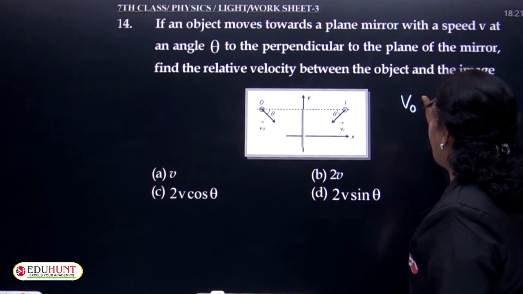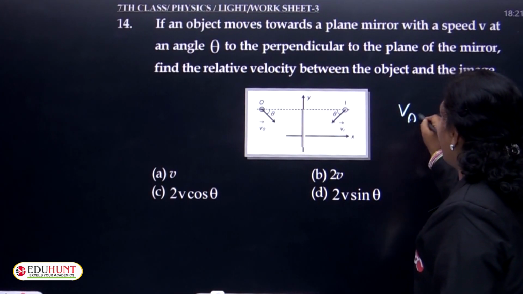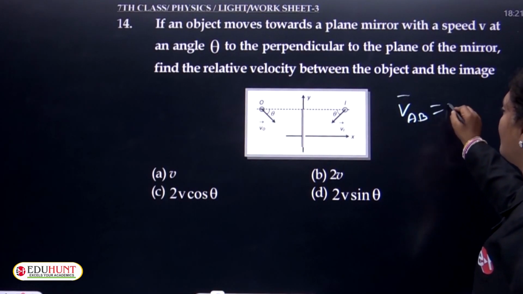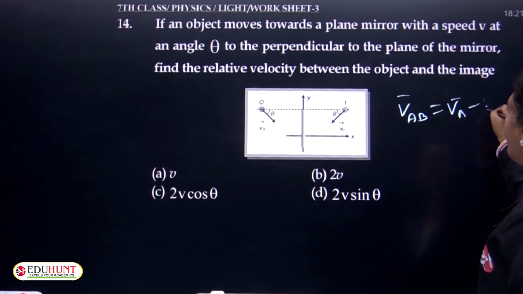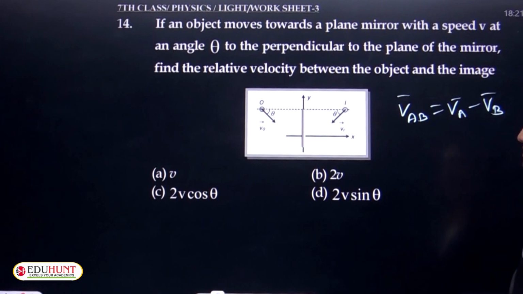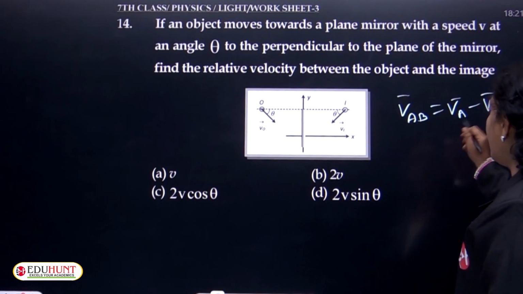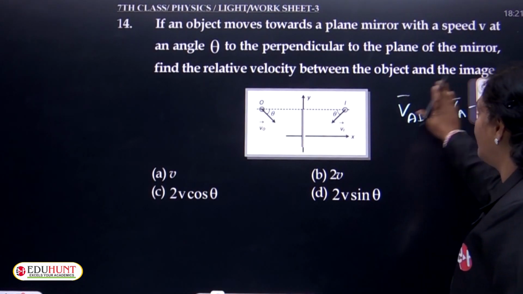Relative velocity. Suppose you want to find the relative velocity between two particles, A and B, the relative velocity is given as VA minus VB. This is a concept that we have learned in vectors. VAB can be written as VA minus VB.